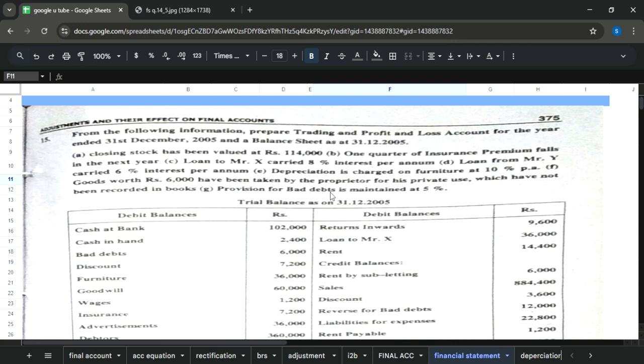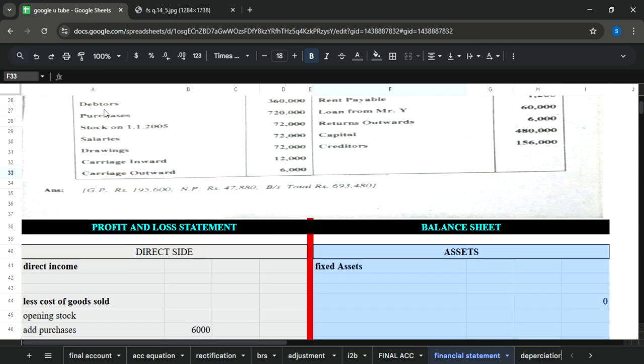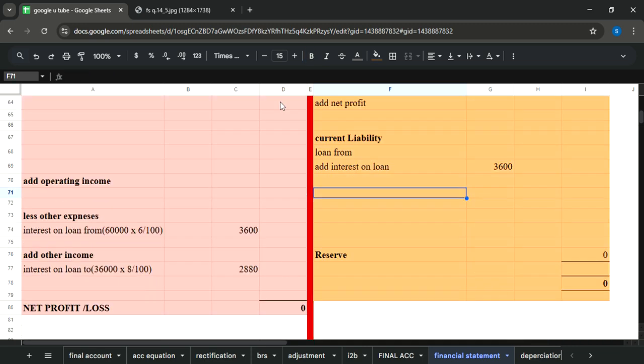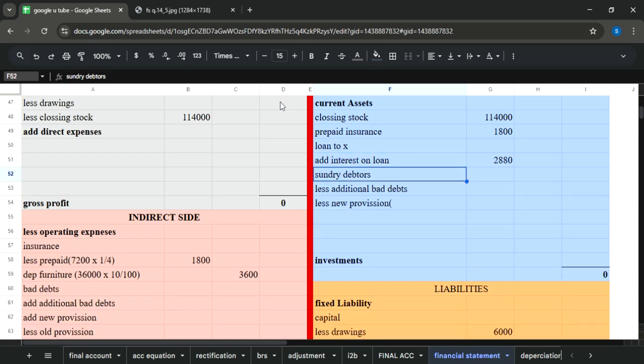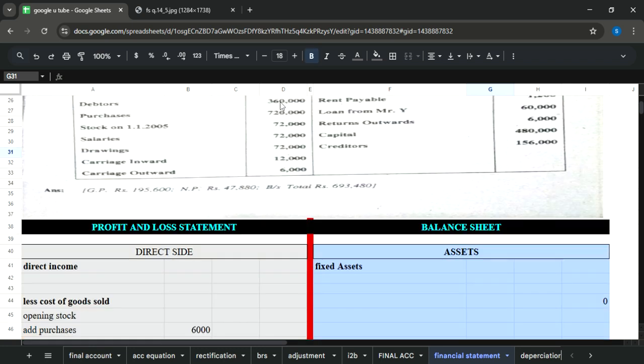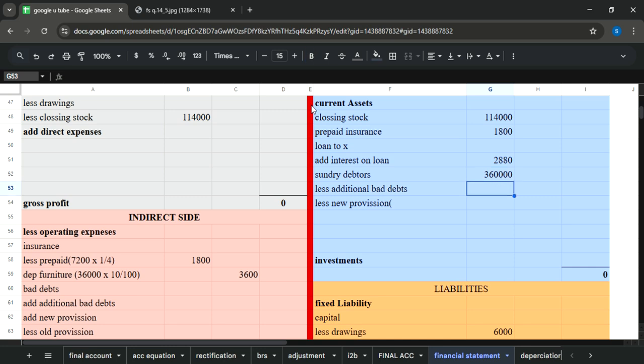Provision for bad debts. So no additional bad debts are present in your question. First, you will see how much amount of debtors. These are debtors. Look at here, debtors, and amount is 3,60,000. So you will mention debtors 3,60,000. No additional bad debt, so 0. And now you are going to calculate your provision.